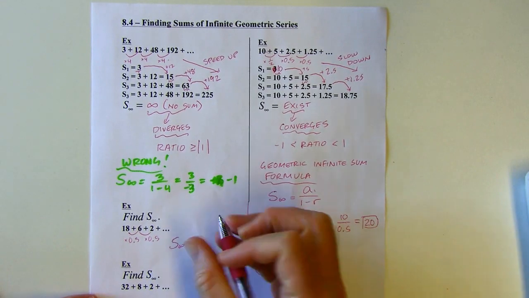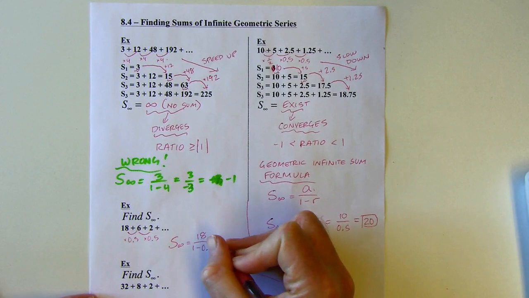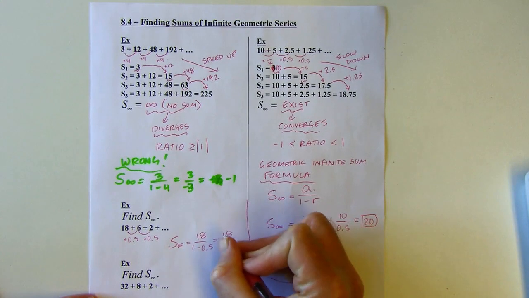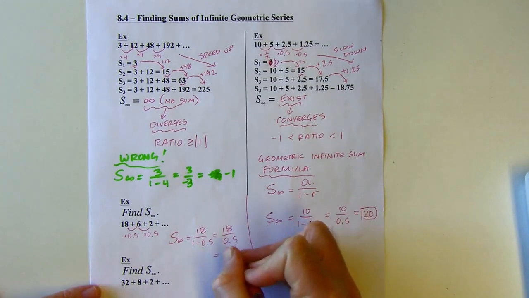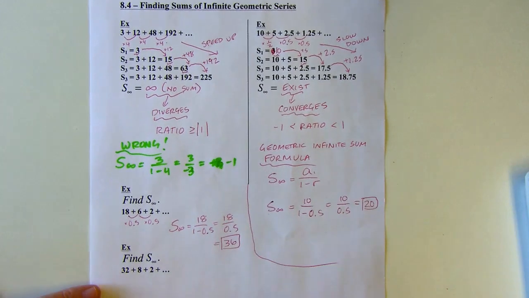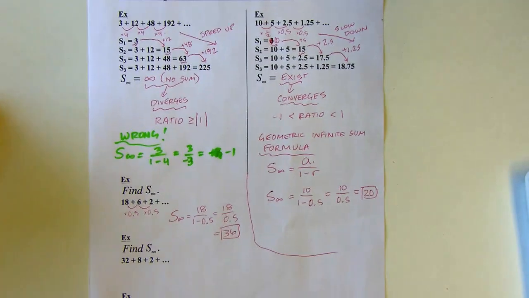Okay, I've got the first term, which is 18, over 1 minus the ratio. 18 divided by 1/2 is the same as 18 times 2, so this is going to come out to 36. All right, let's try this next one.